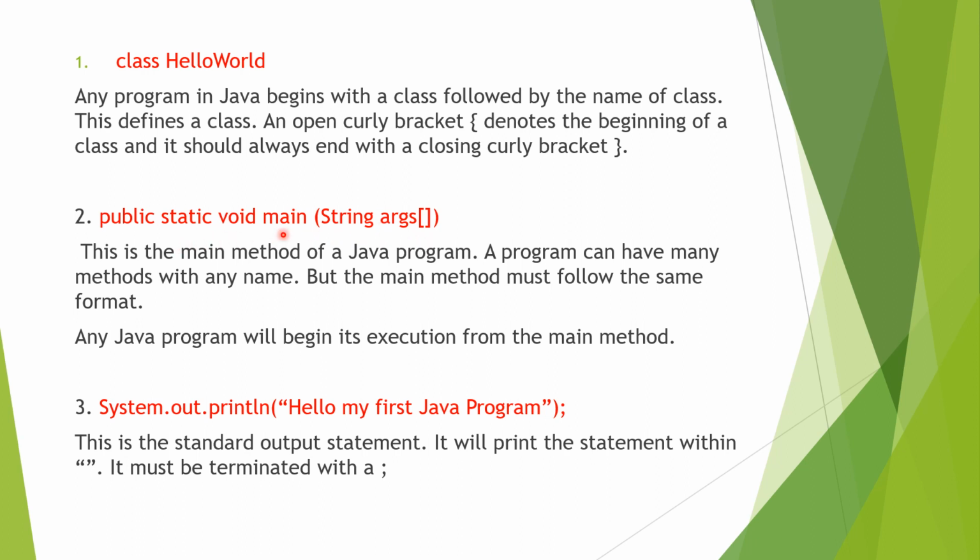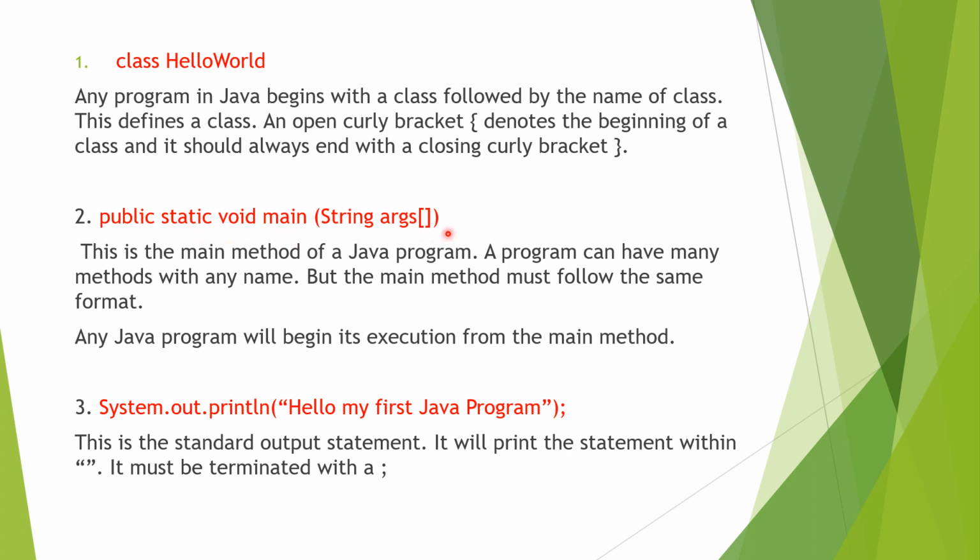Very important. This is the main method of a Java program. A program can have many methods with any name, but the main method must follow the same format. In every application program, main method will be there and the same format we will use.